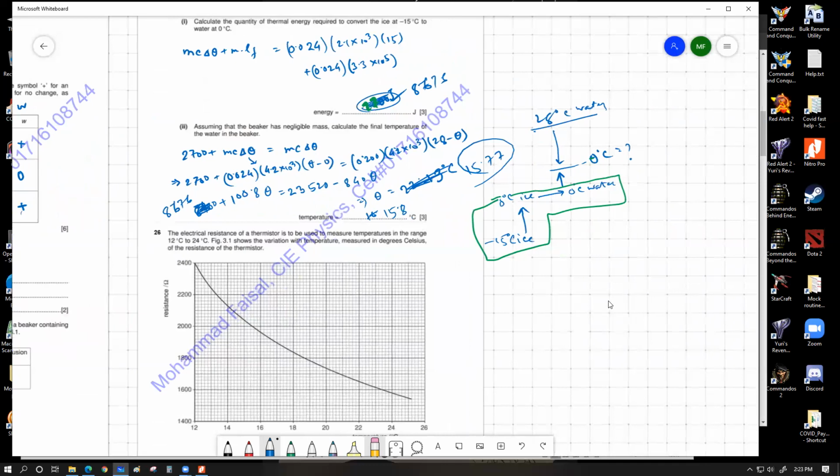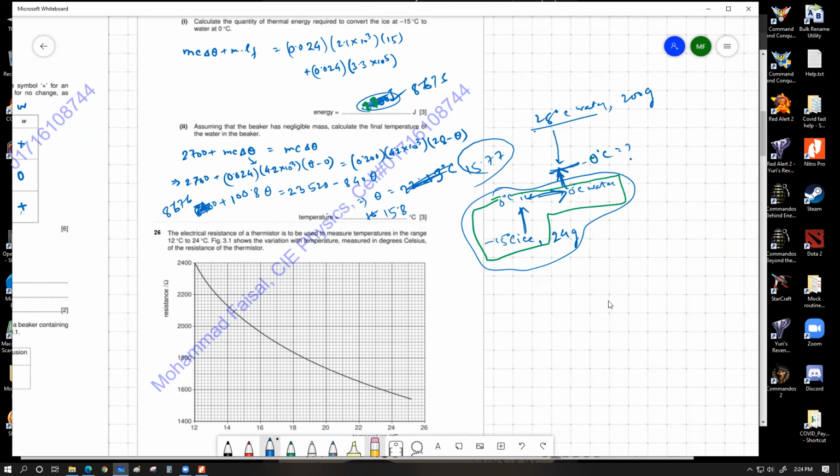The warm water, we had 20 degrees Celsius of water, which was 200 gram, and we had minus 20 degrees Celsius ice, which was only 24 gram. What you need to understand is the amount of heat energy that this warm water could give out was enough for the total amount of ice to raise its temperature to 0, melt all the way, and eventually have the temperature go up all the way over here.